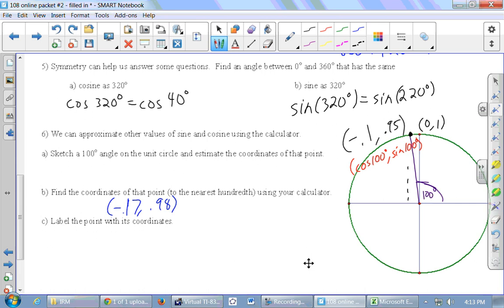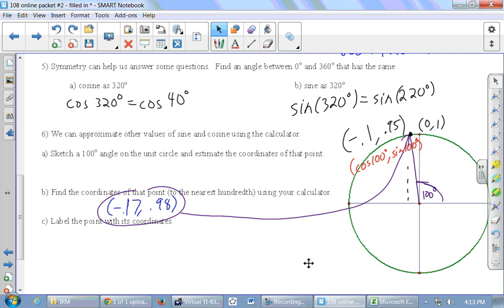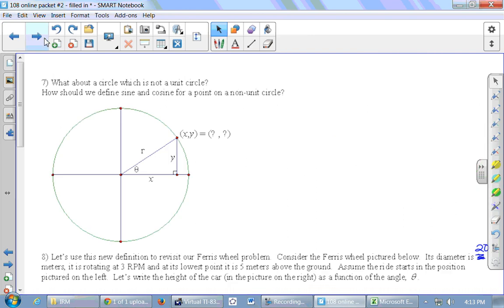Okay, next, label the point with its coordinates. Okay, so then I'm just going to circle this point. So those are more accurate than the estimates that we made, but I think we did pretty well, so good job.